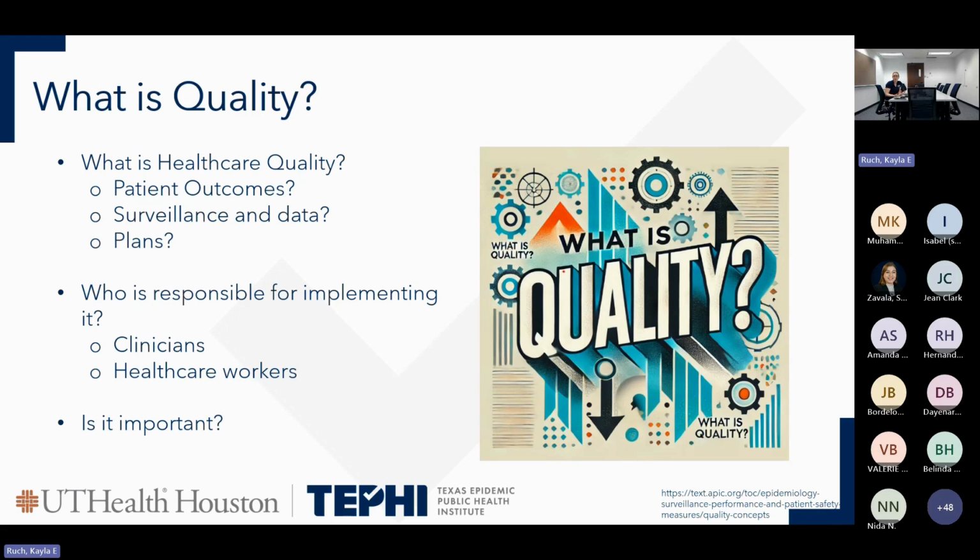So what is quality? We hear that a lot. It's a very trendy, innovative, high metric of quality in healthcare. But when we think about that, what is that exactly? Is it patient outcomes? Is it a focus on readmission rates, length of stays, healthcare associated infections throughout the organization? Does it have to do with surveillance, what type of surveillance we should be conducting, and what our surveillance data tells us?